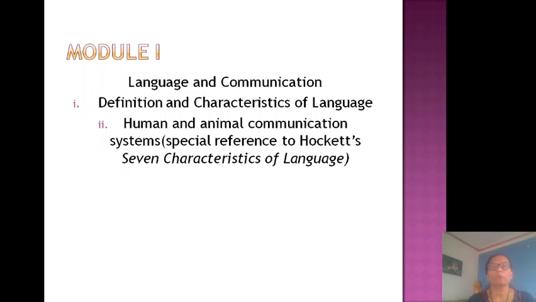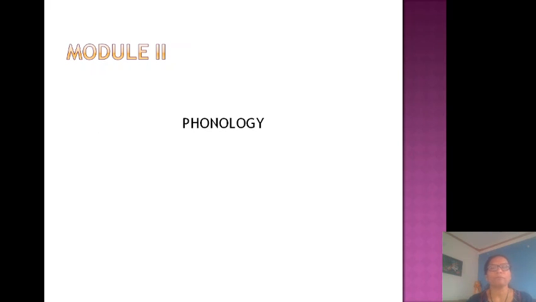So in this module, you are going to study various definitions of language, in the same way, salient features of language and human and animal communication systems. For these topics, we are referring to the book Hockett's 7 Characteristics of Language.